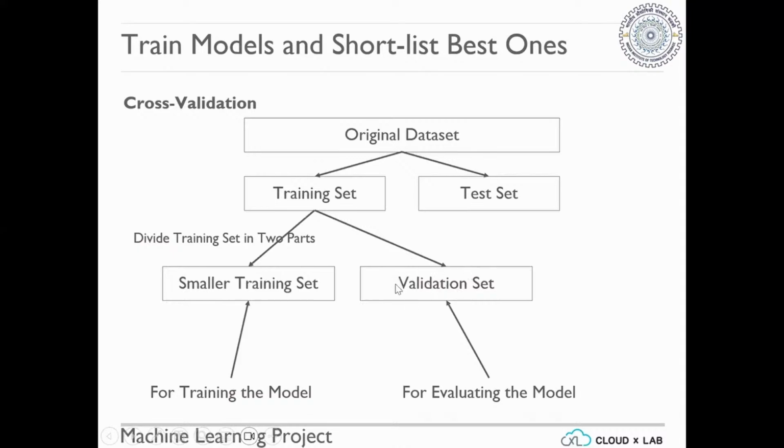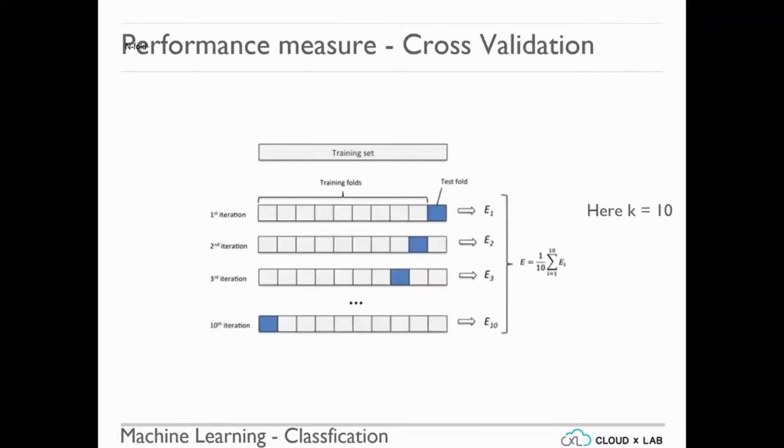Because using one split, one iteration, we cannot make a reliable decision. Because we may be unlucky. We may be unlucky that this validation set is not a good proxy for the future data. And to overcome that problem, we are not relying on one split, and in fact we are relying on multiple splits. Got it.